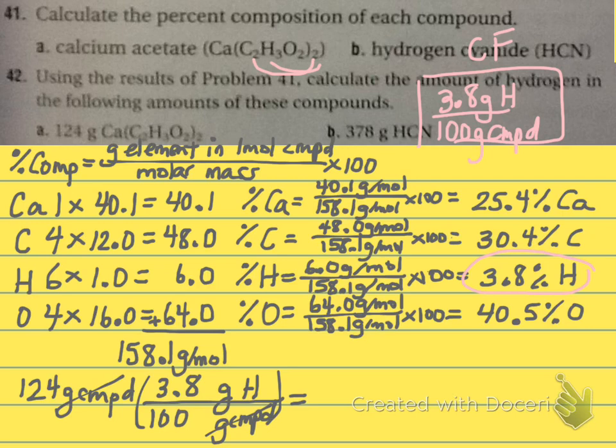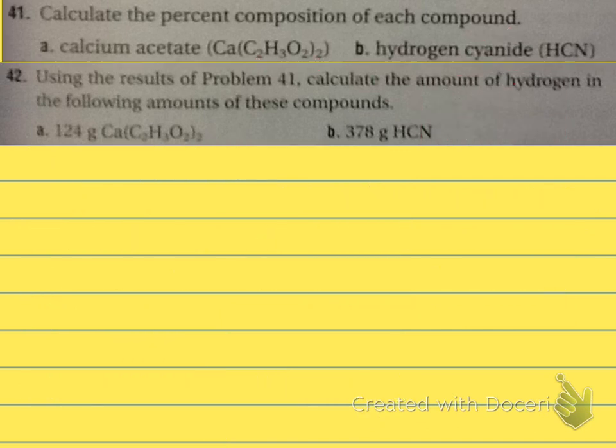So we're going to take our answer and do this math. So 124 times 3.8 divided by 100. And again, we'll do 2 significant figures, so we get 4.7 grams of hydrogen. Now we're going to do the same thing for the hydrogen cyanide.